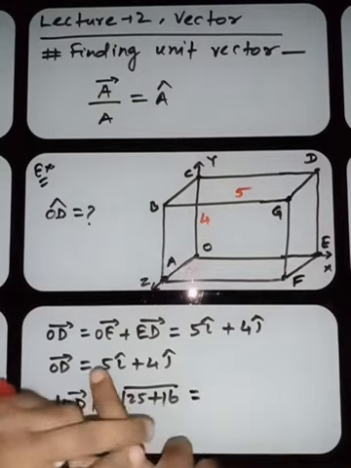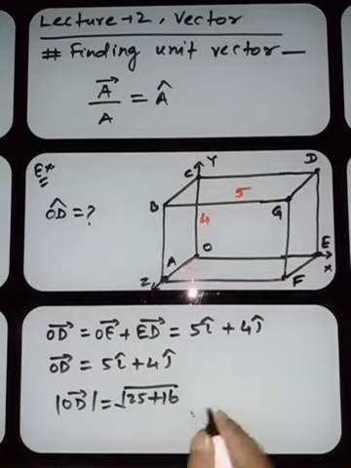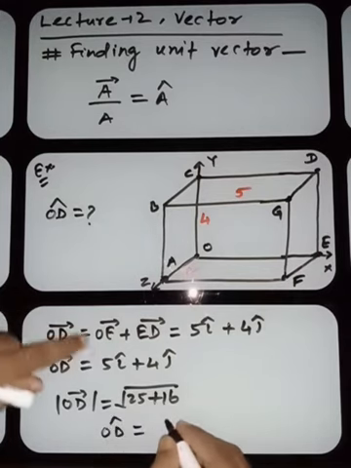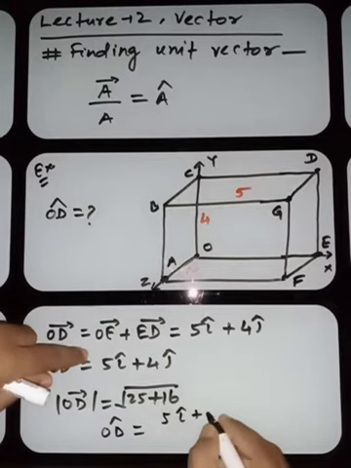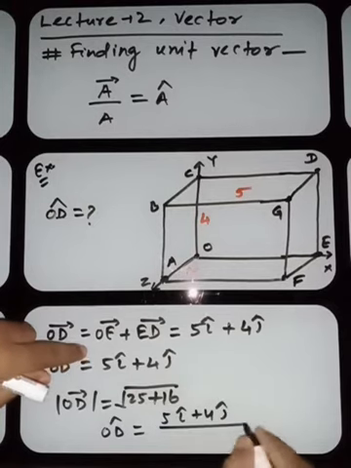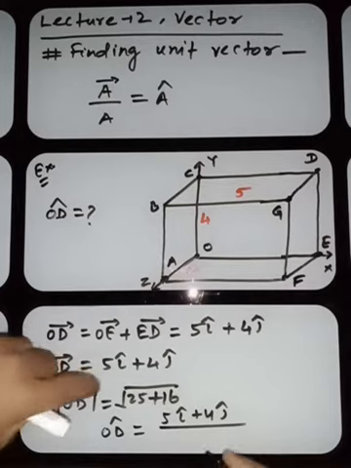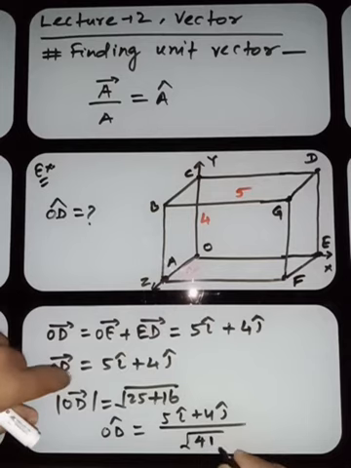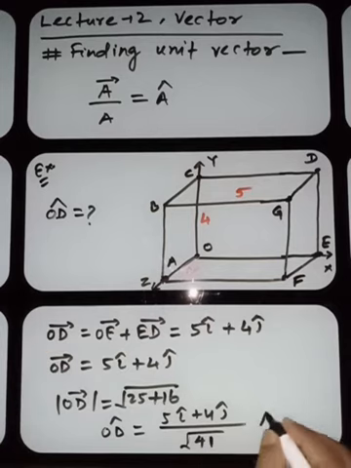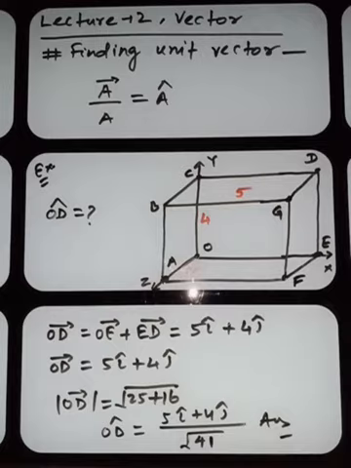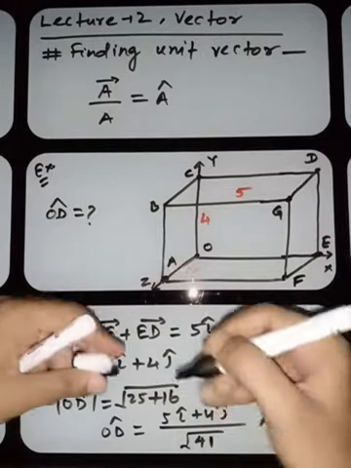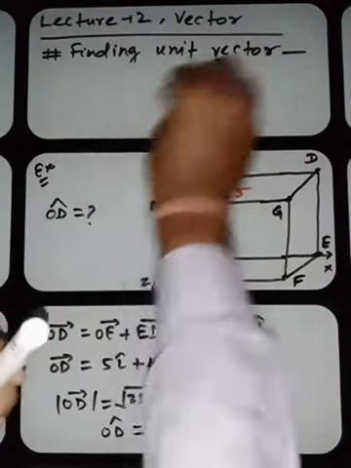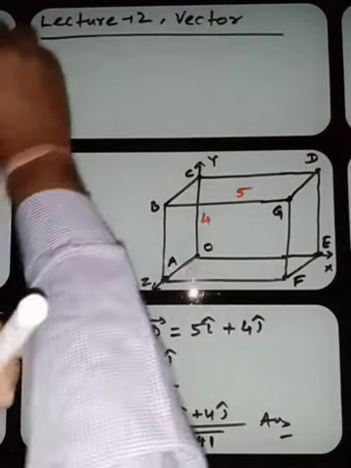Now we can write OD cap without losing time: the vector 5i plus 4j divided by root under 41, and this is our answer. So in this way you can find the unit vector of a position vector.